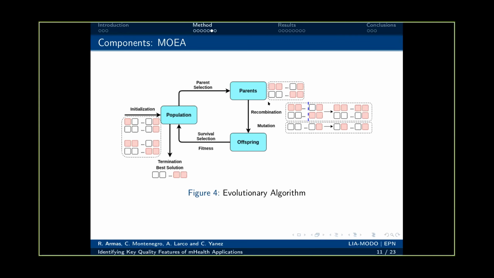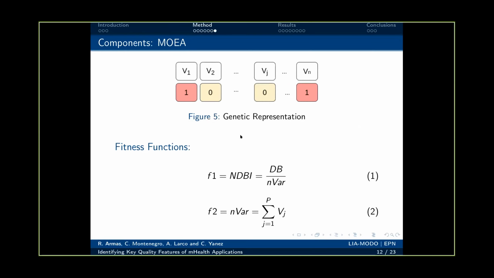After that, the algorithm uses the recombination and mutation operators in order to produce new offspring, and this offspring is evaluated with the fitness function that I mentioned. We get the new generation, and in this iterative way, after a specific number of generations, we get the final solutions. The representation that we use is a binary representation.